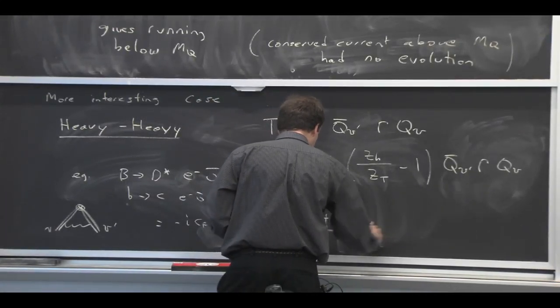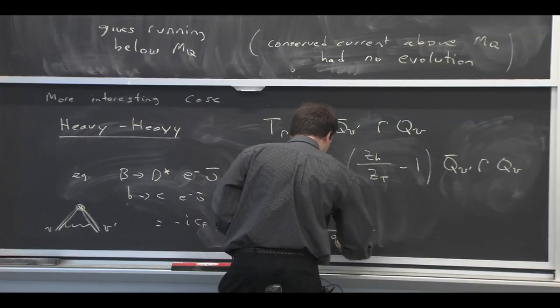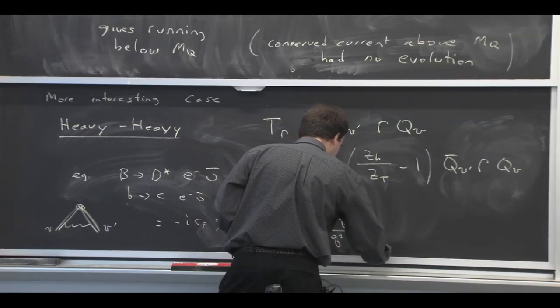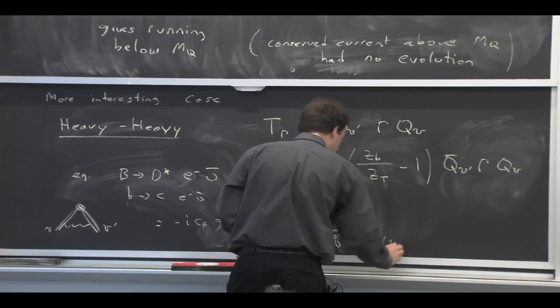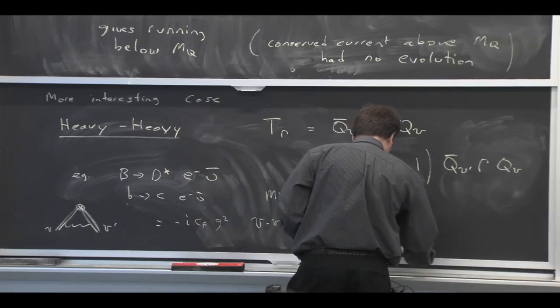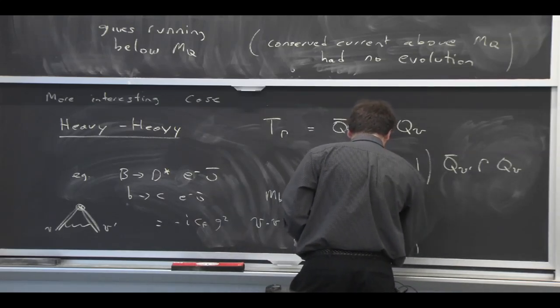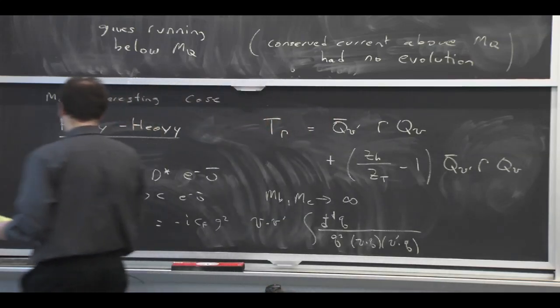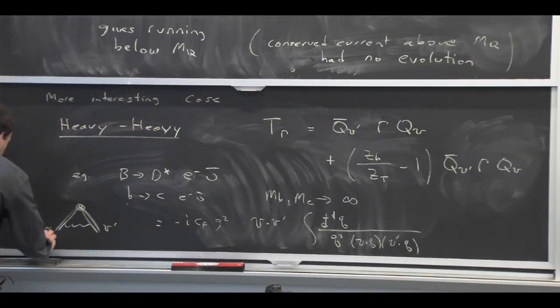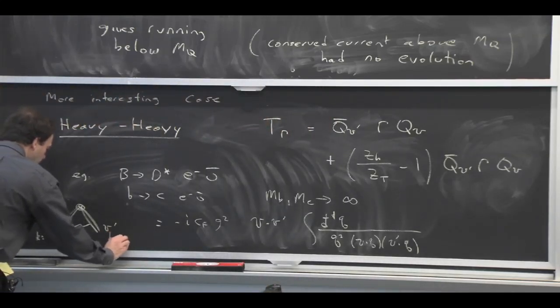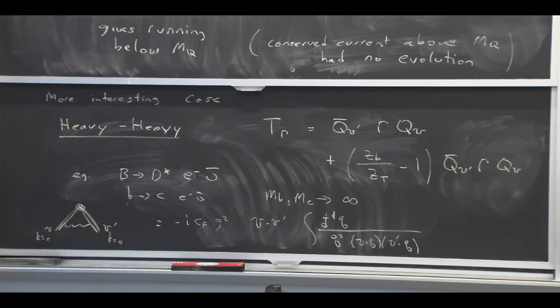Again, in Feynman gauge. And let me just take the external quarks to have zero momentum for simplicity, zero residual momentum. So this one has k equals 0, and this one has k equals 0. So the HQET Feynman rule for this one has a v dot q, if q is the loop momentum, and this one has a v prime dot q.